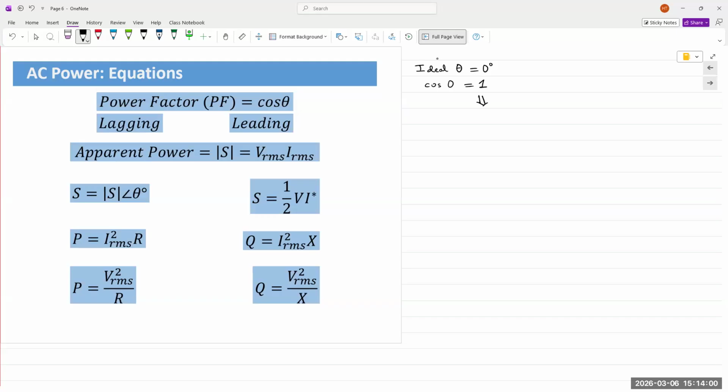Power factor is expressed as a percentage, 100%. This is the highest possible value.